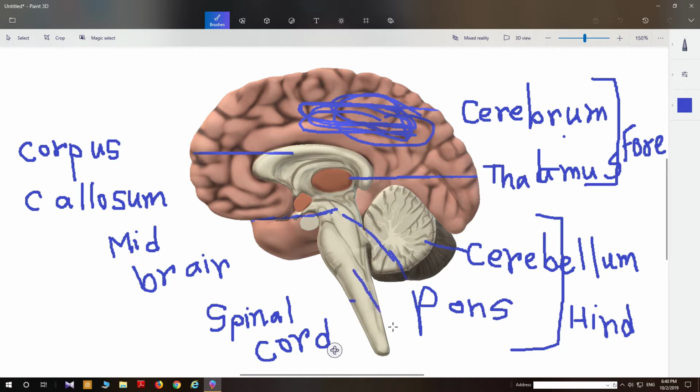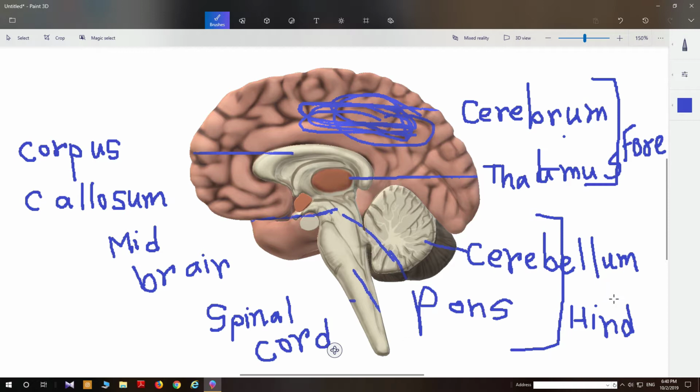So here is the medulla oblongata. Its function is to coordinate the activity of various muscles and maintain balance. It also plays an important role in vision and hearing.